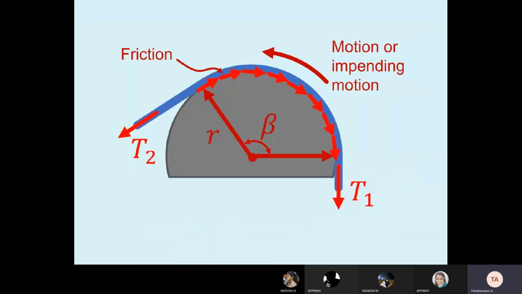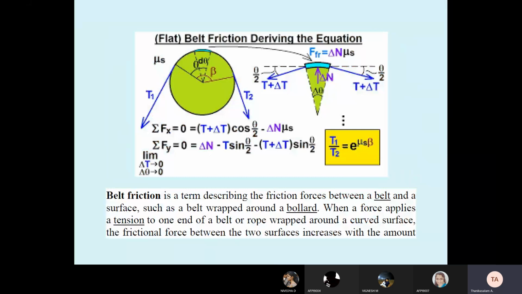Therefore, the relation is T1 divided by T2 equal to e power mu s into beta. Mu s equal to coefficient of static friction. Beta equal to angle of contact between belt and drum.